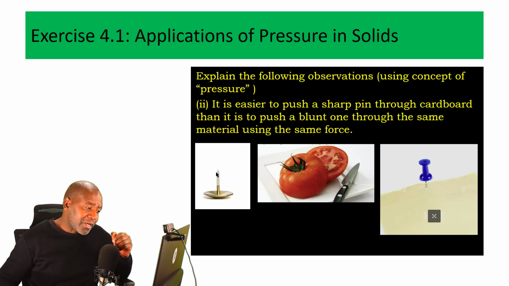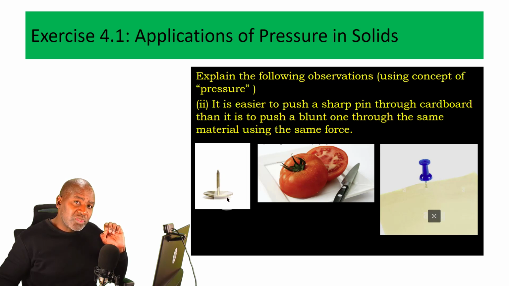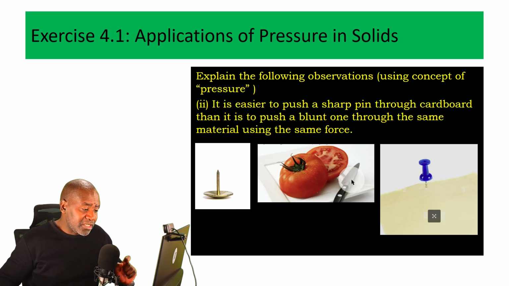It's going to develop very high penetration effect, and therefore this section here is going to pierce the softboard. On the other hand, that amount of force will not develop high pressure on the thumb, so the person doesn't get injured.